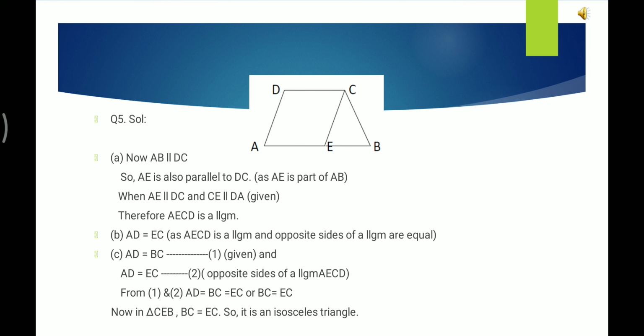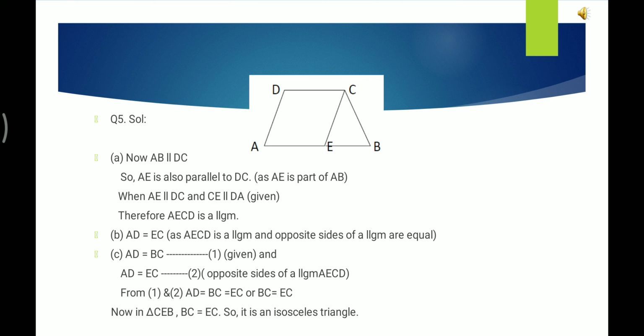In part B, we have to say AD is equal to EC. Yes, AD is equal to EC as AECD is a parallelogram and opposite sides of a parallelogram are equal.